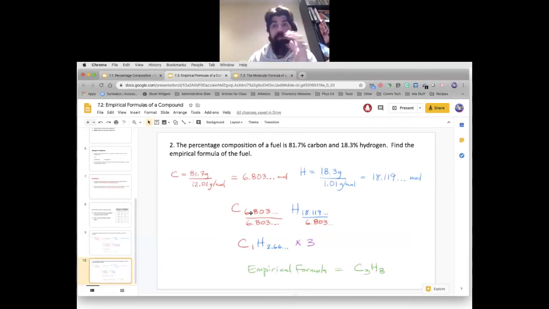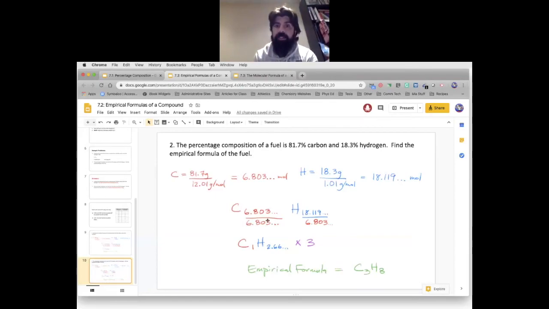But understand that Dalton said that we need whole numbers. So we don't just round this to C7H18. We always need to keep in mind that most empirical formulas simplify to 1. So how do I get one of these atoms to simplify to 1?